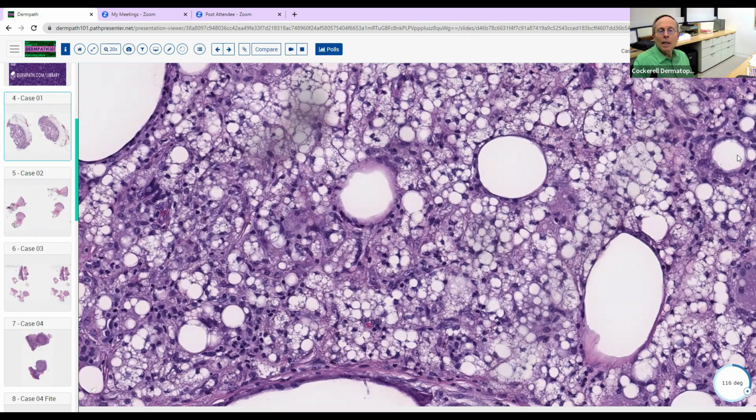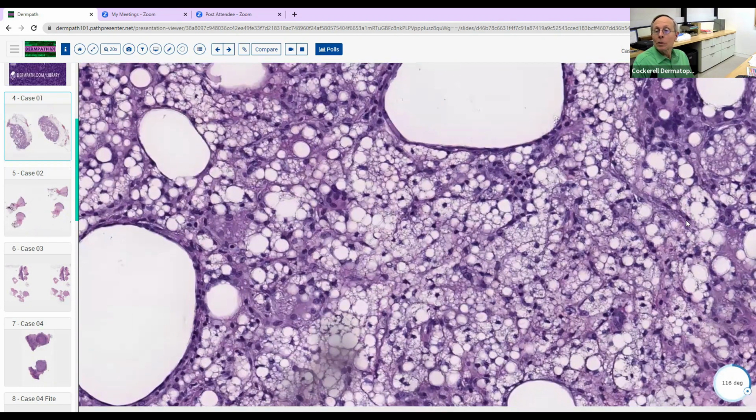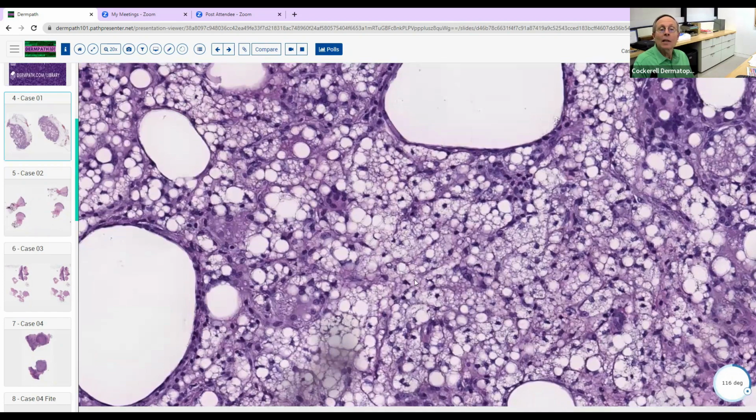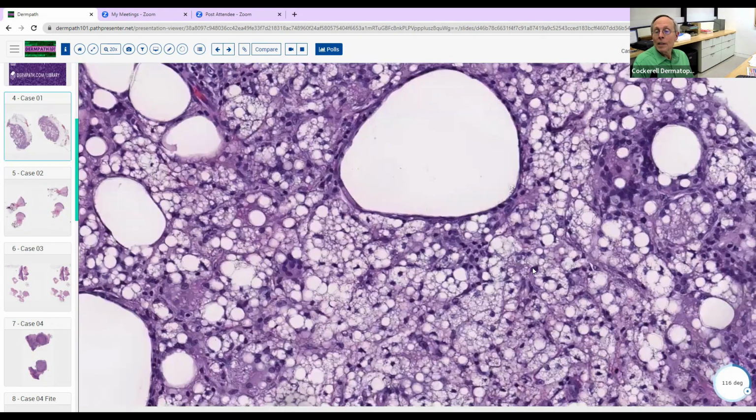So this is an example of a silicone granuloma. It is interesting because it sort of simulates fat cells. I can see why you might have thought that. Sometimes it's helpful when you see something like this to look for other things. They might give you a multiple choice question if they threw a fat neoplasm in there.